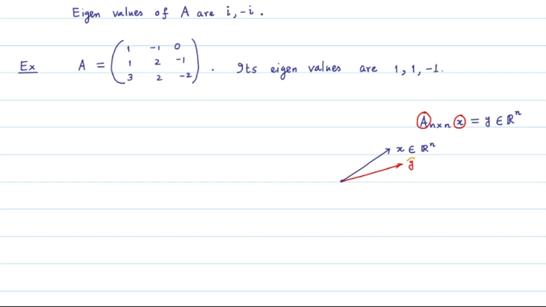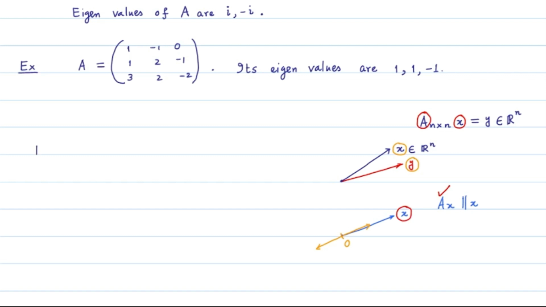Commonly, the direction of y and the direction of x are different. If, however, x is such a non-null vector that the vector Ax is parallel to x, that is, the direction of Ax is the same as that of x or its reverse direction, then we call such a non-null vector x an eigenvector of the matrix capital A.